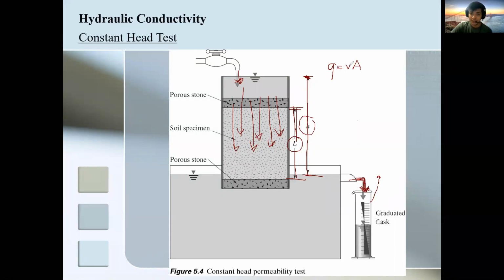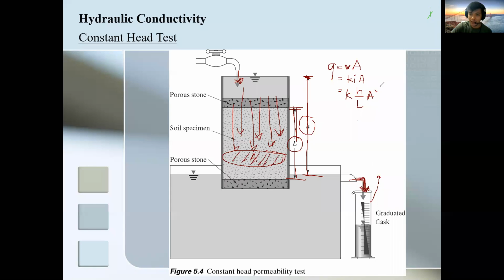And then according to Darcy, the value of V is KI, so KI times A. Your K is your hydraulic conductivity, and I is H over L, so H over L times A. Now again, our A should be perpendicular to the direction of the flow, so that is your cross-sectional area of your specimen.